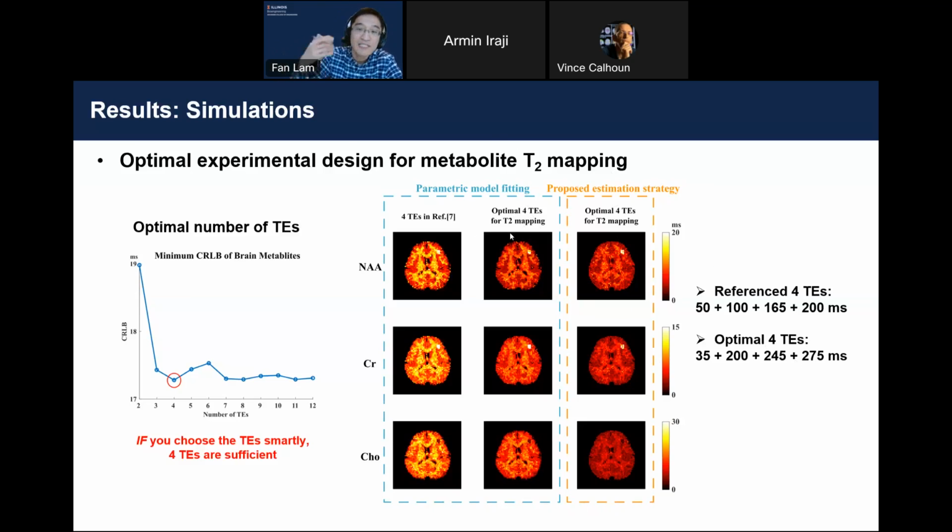You can see that using the same quantification strategy, you achieve much better estimation variance. And if you further use our proposed estimation strategy, which combines the parametric fitting model and the augmented subspace separation, we can achieve even better quantification performance. That confirms the theoretical prediction.